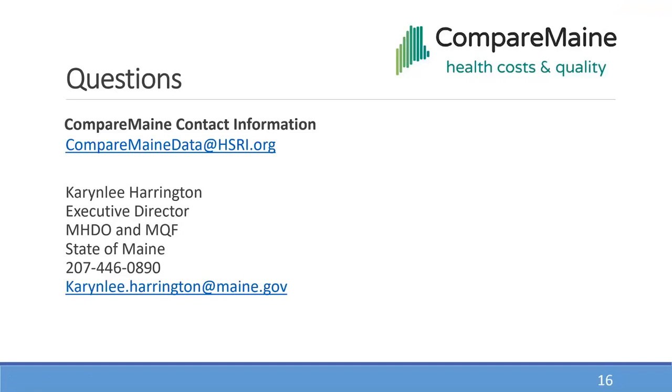We have received national recognition, and there are lots of other states across the country that want to build something like CompareMaine, and they're very interested in how we work with you all to validate the data and the information. I believe, as does the MHDO Board of Directors, that your review of this information is critically important in maintaining the credibility of the site.